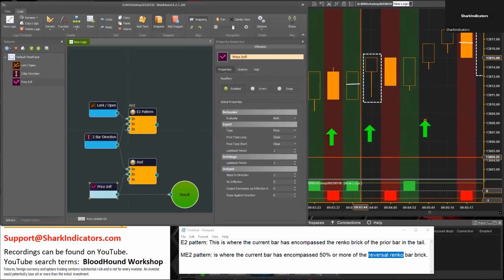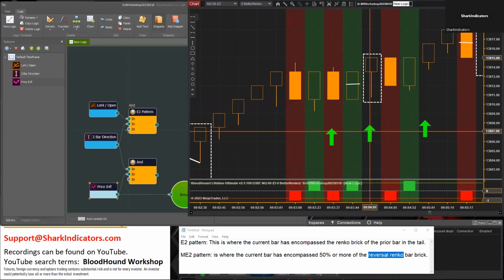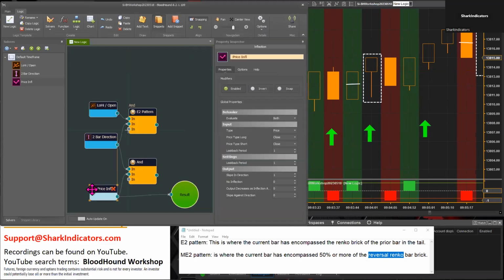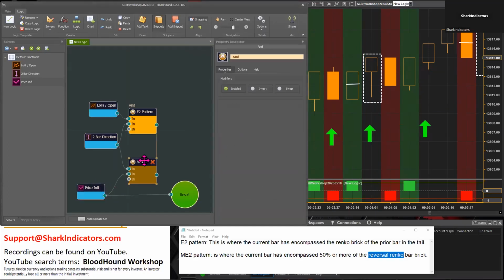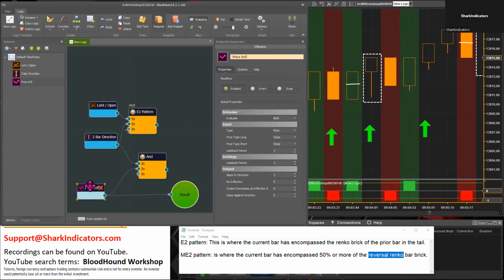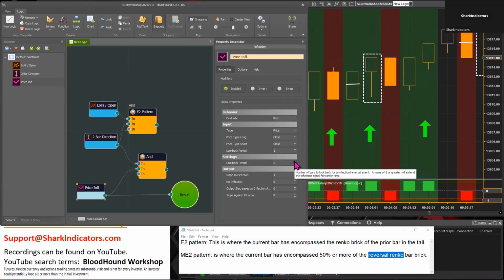It needs to be shifted forward one bar so that the signal is actually on the next bar where the ME2 pattern might occur. To shift this forward, there are two ways. Let's just increase the look back period. We'll just increase that to 2.